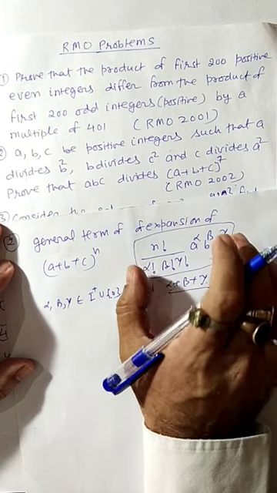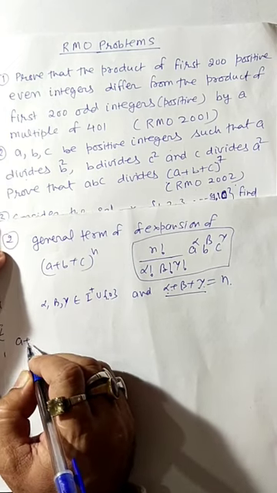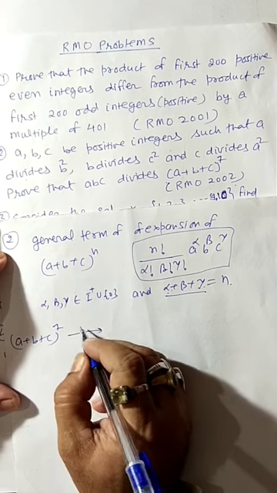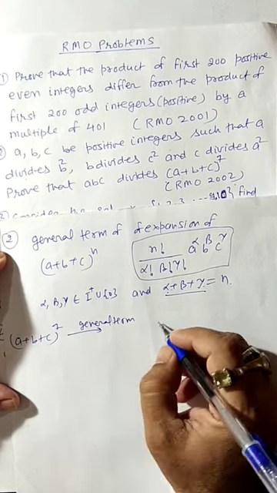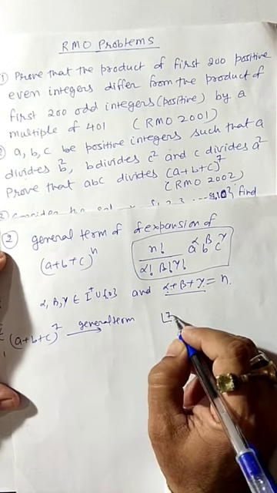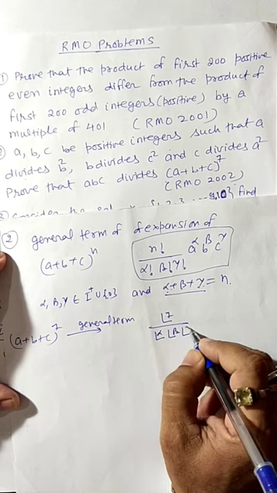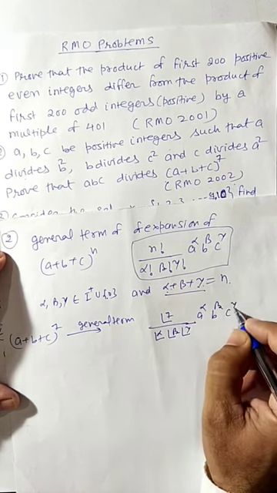In the same way, just find the general term of (a + b + c)^7. Your general term is 7 factorial divided by alpha factorial, beta factorial, gamma factorial, a^alpha, b^beta, and c^gamma.